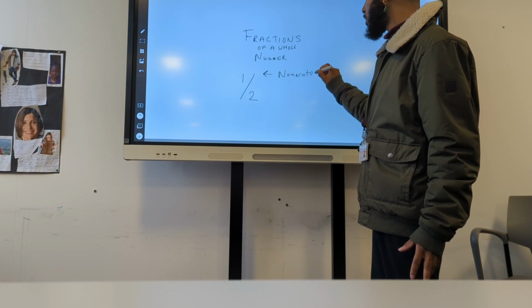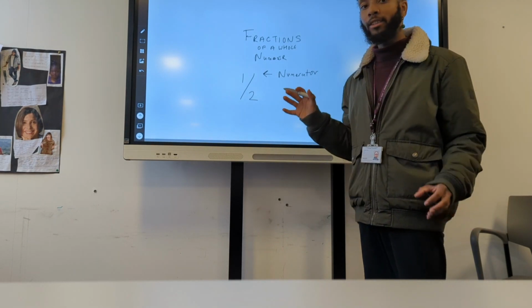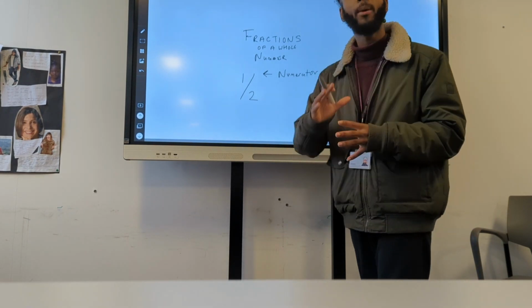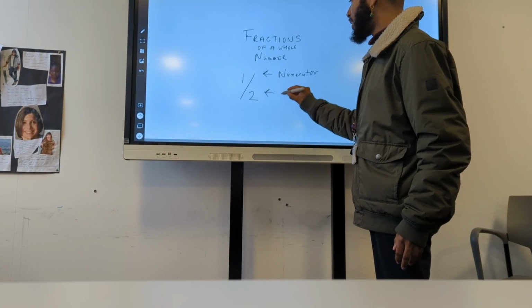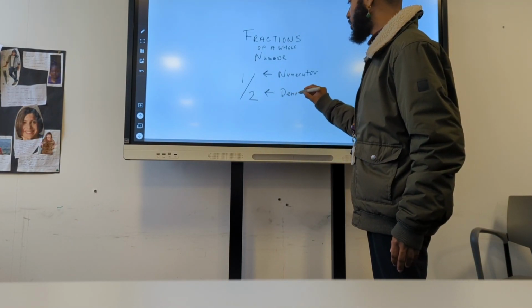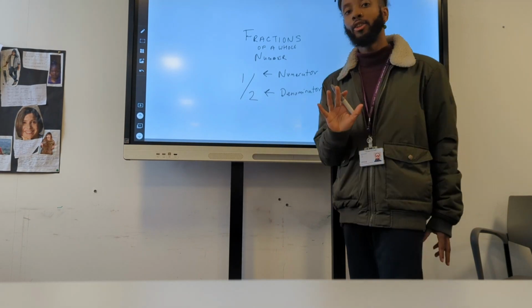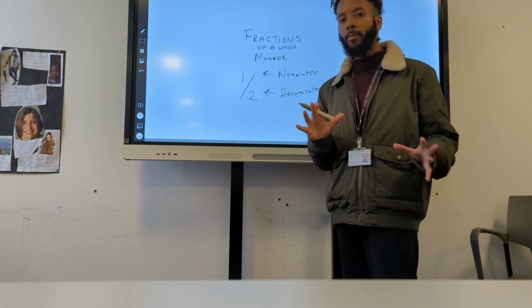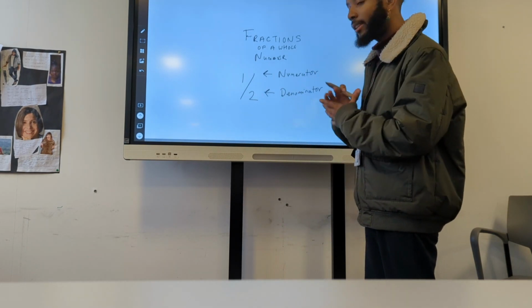Okay? Now, the numerator is the number which signifies a portion of what the fraction represents. Okay? The bottom number is the denominator. And the denominator, which is the bottom number, represents the total parts of said fraction.